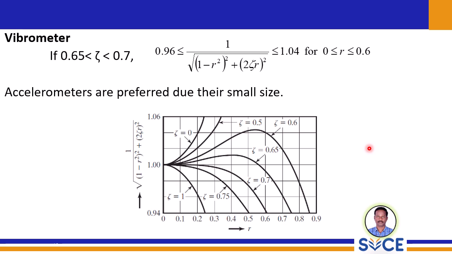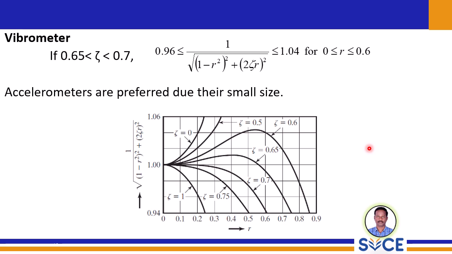On the other hand, an accelerometer can be designed with a higher natural frequency, allowing for a smaller and more robust sensor design. Here I am talking about the difference between the mass of the vibrometer and the accelerometer. The accelerometer mass is very small, since it is measuring in the low frequency range, but the accelerometer natural frequency is very high.